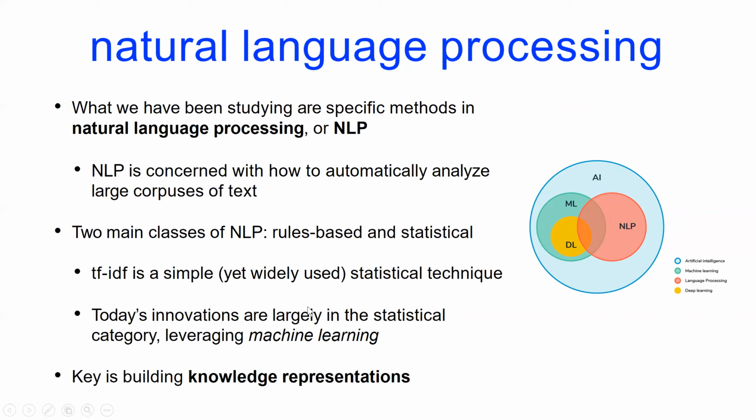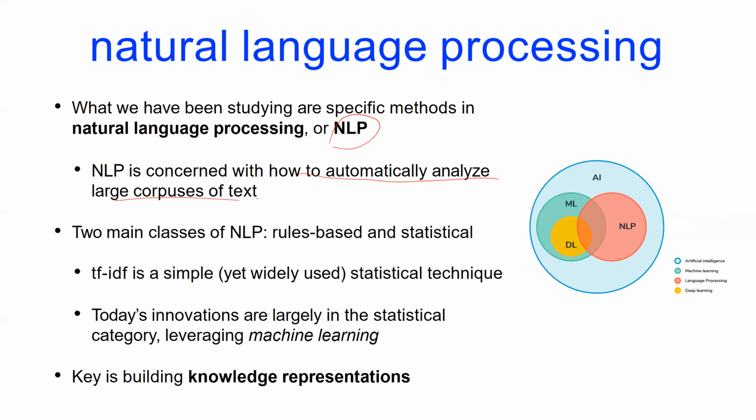So what we have studied so far is a field we call natural language processing, or NLP. As I mentioned, this is probably one of the most active and most important AI or machine learning fields today. NLP is concerned with how to automatically analyze large corpora of text.